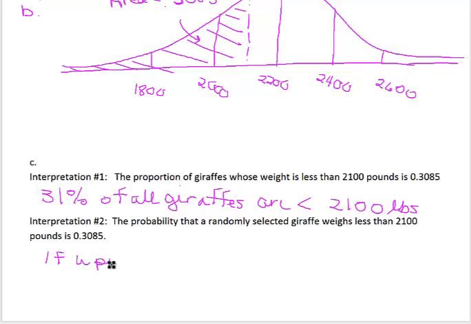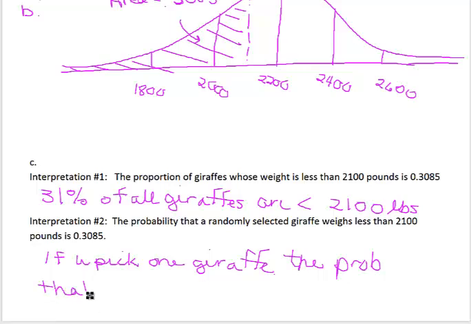If you pick one giraffe, the probability that it is less than 2100 pounds is going to be about 31%, or 0.31.